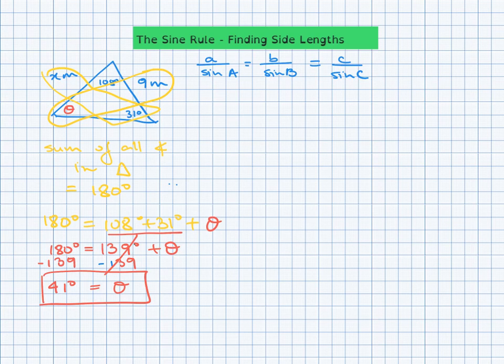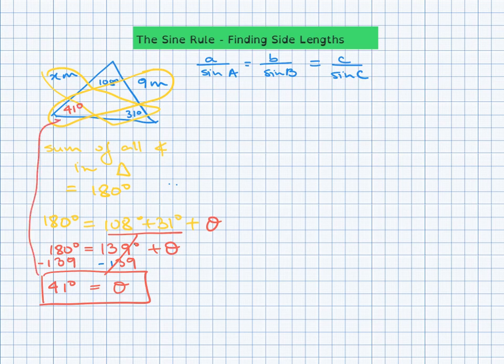Now this angle here is calculated, so I'm going to get rid of this and instead write in red 41, which is calculated here.